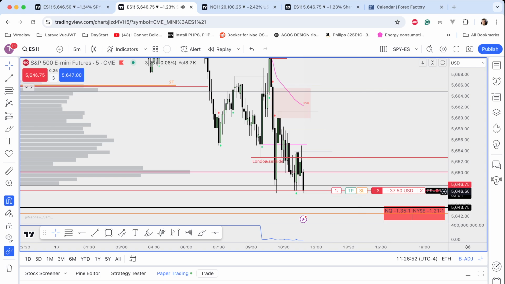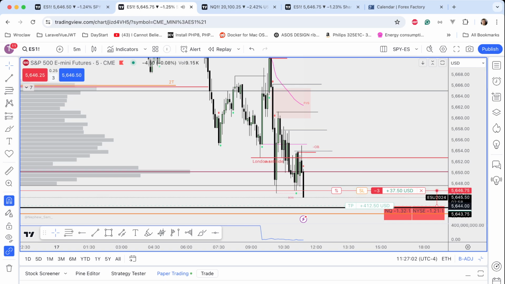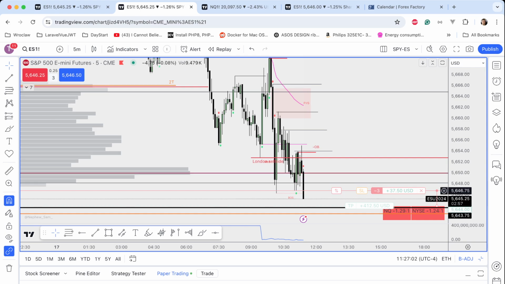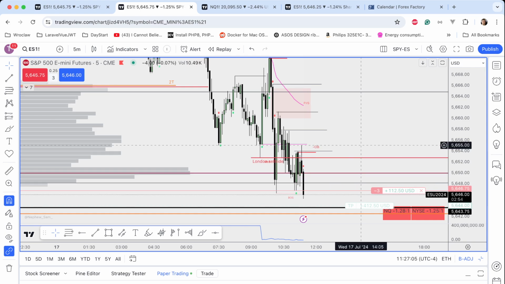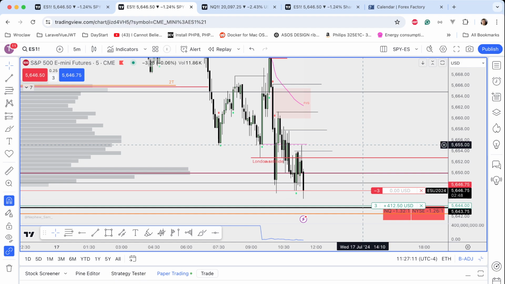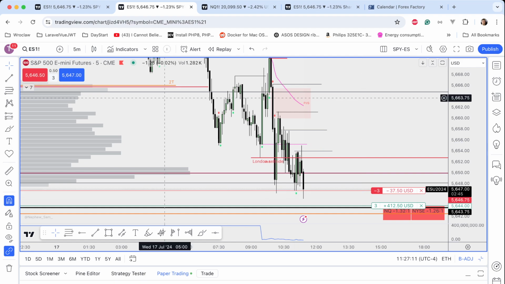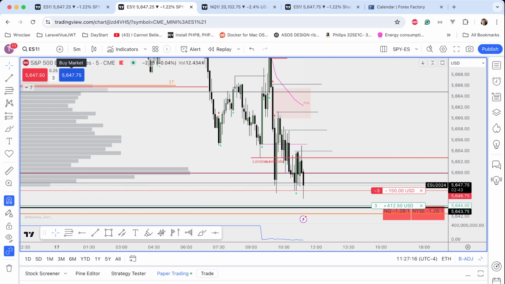Target somewhere here. And obviously it might not work. Yeah, of course.